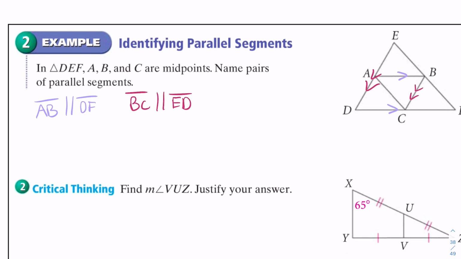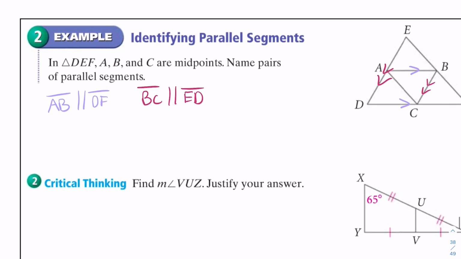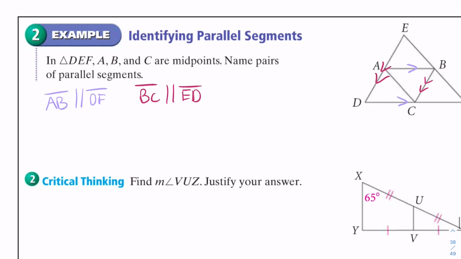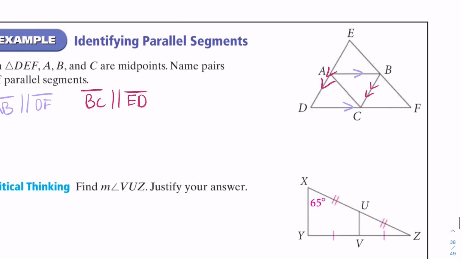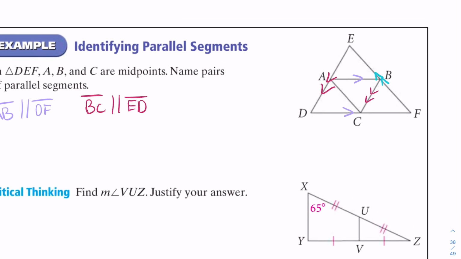So AB is parallel to DF. BC is parallel to ED. And lastly, we're going to have CA is parallel to FE.